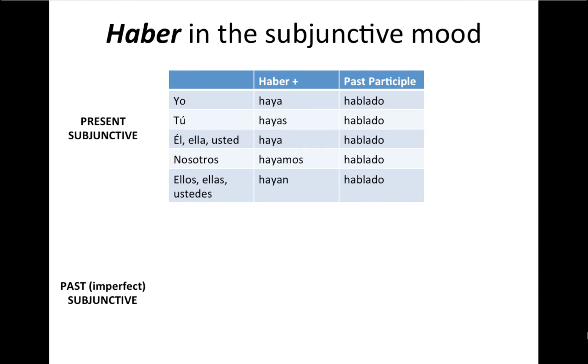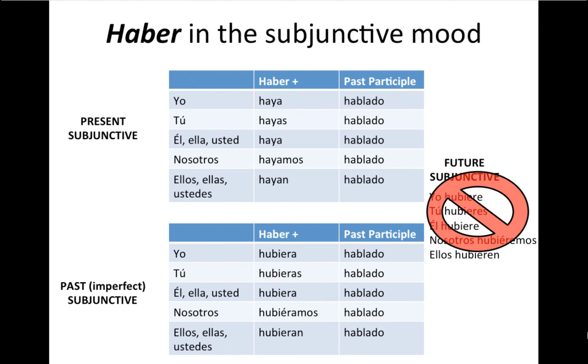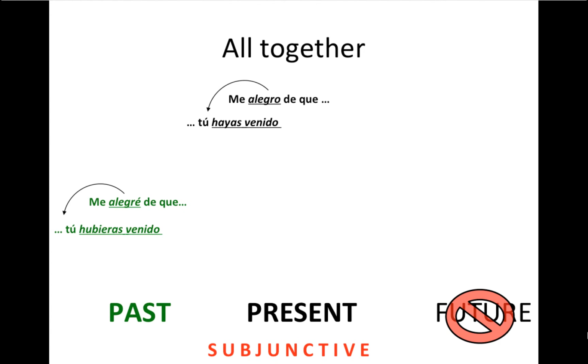Just like in the indicative, there's no rule that applies to tengo un examen hoy, so we use the indicative of haber, yo he estudiado. But because me alegro de que is an emotion statement, then we have to use the subjunctive of haber.